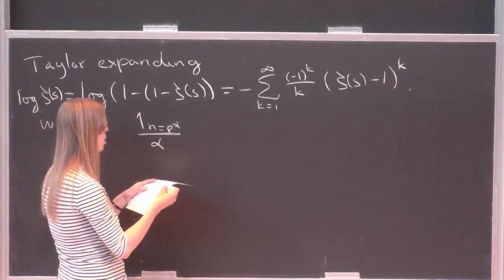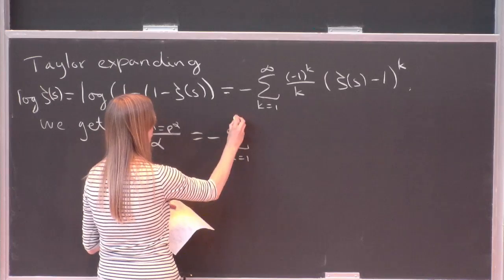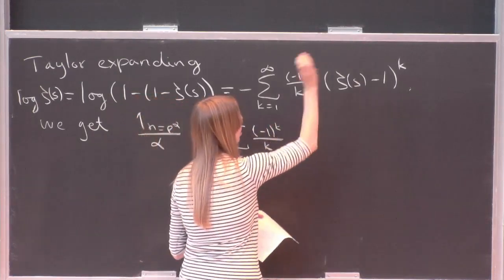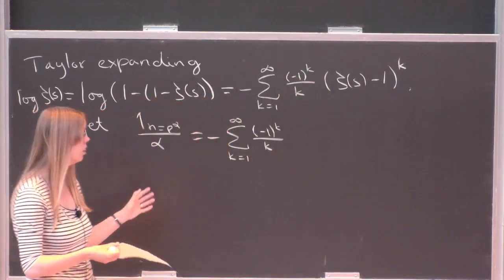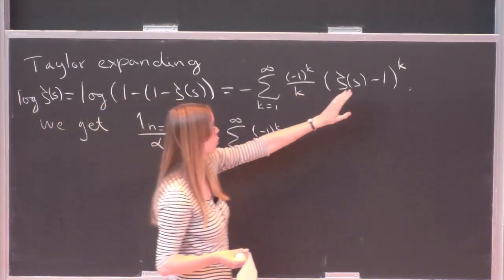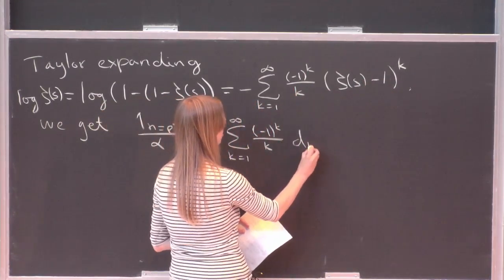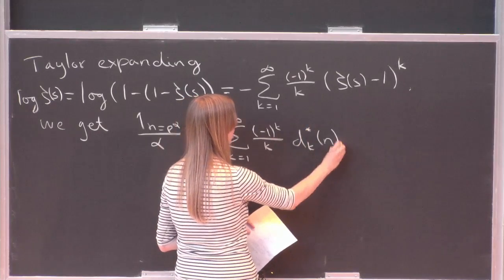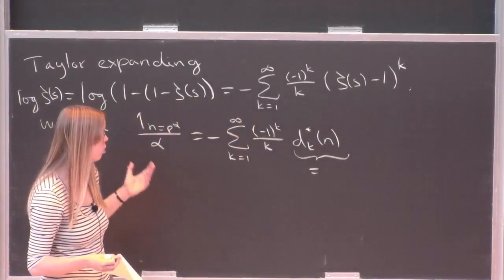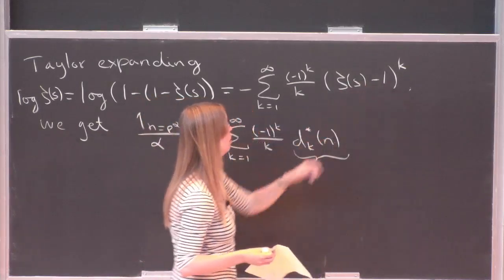On the right-hand side, we get the sum over k from 1 to infinity of (-1)^k over k, and then if we raise this to the kth power, the Dirichlet series almost corresponds to the k-fold divisor function. If it was just zeta(s)^k, it would be the k-fold divisor function. But in this case it's d_k star of n, the number of ways that you can write n as a product of k things where none of them is equal to 1, because of this minus 1 here.